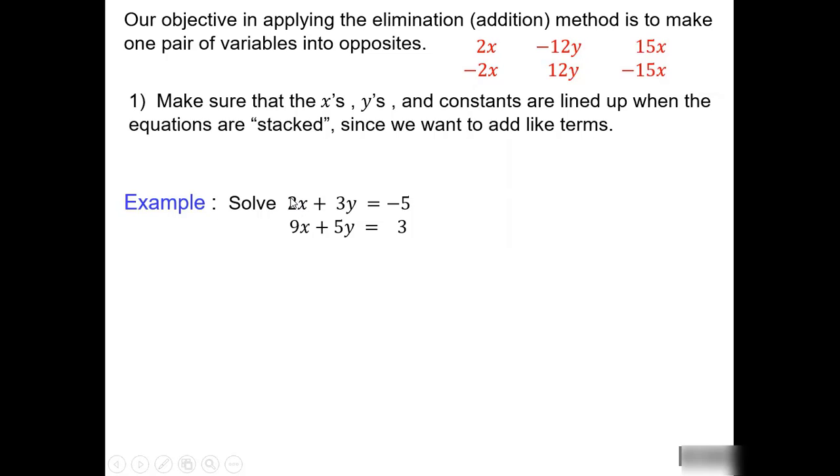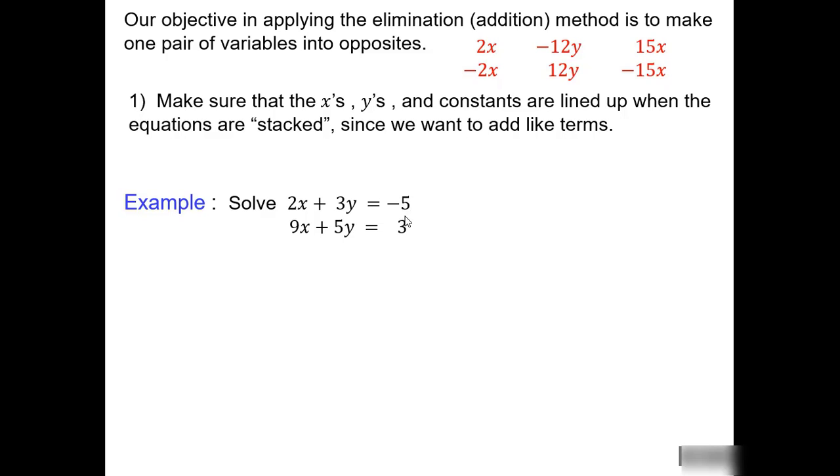So what we would like to have happen before adding the left side of the equations and the right side of the equations is for the x terms to be opposites or the y terms to be opposites. So just to go through this process of the elimination method, I want to make sure that we're clear that we should always have the x terms stacked on top of each other, the y terms stacked on top of each other, and the constants on the other side stacked on top of each other.